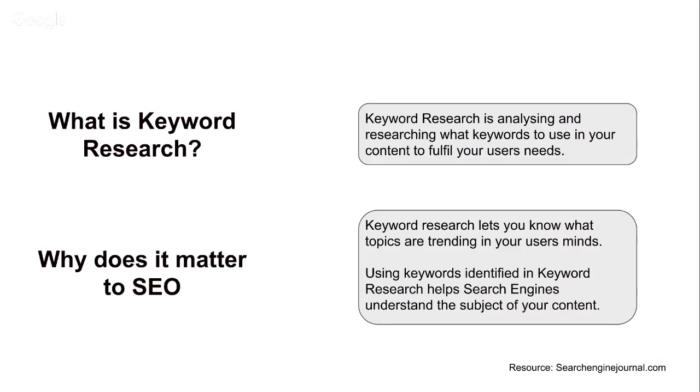So when you do keyword research, you identify related keywords all within a group, within a bucket, so that when you write content with all of those keywords within it, a search engine can better understand what the content is about, because you have more than one keyword talking about a specific piece of content.